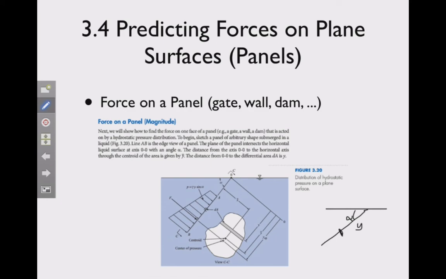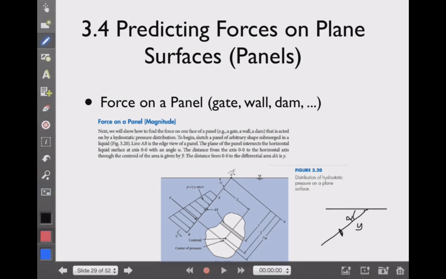The depth actually is going to be this line right here. This is z. And so z over y equals the sine of alpha. And so to get the depth, which is going to be very important for us in hydrostatics, we note that z equals y sine alpha. And this is something that we're going to need.